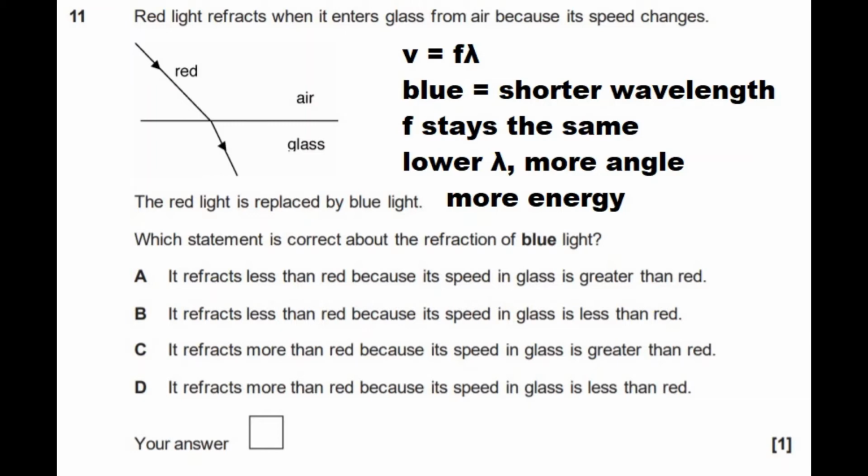So the speed must be less than red because you substituted the lambda as being less, and because it is more energetic. If you think about the electromagnetic spectrum, gamma rays are more energetic than radio waves. So in the visible spectrum, the blue light is more energetic than red light. So therefore it will refract more than red.